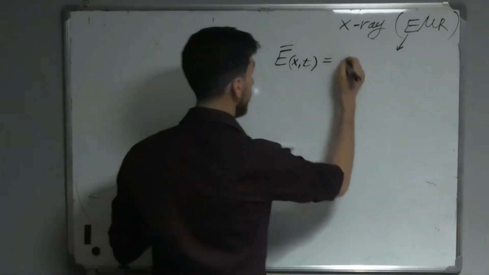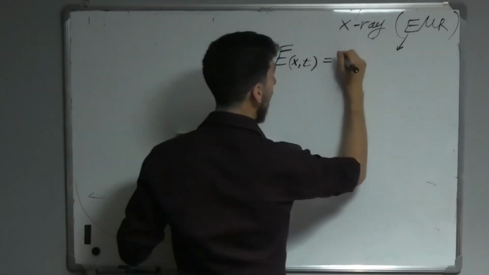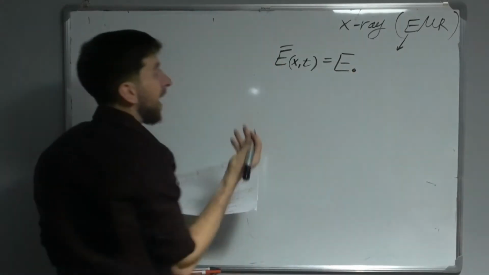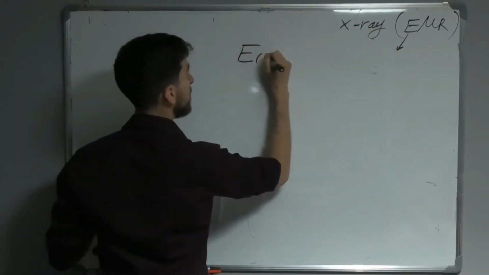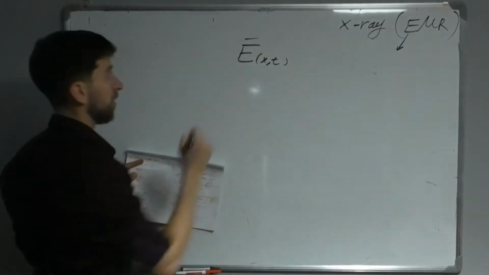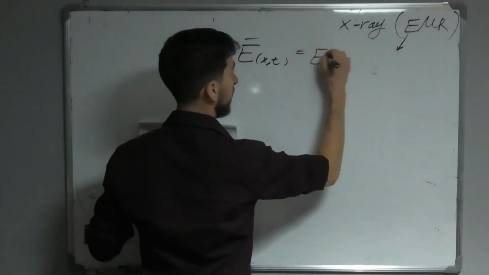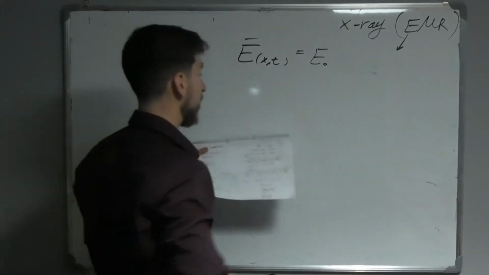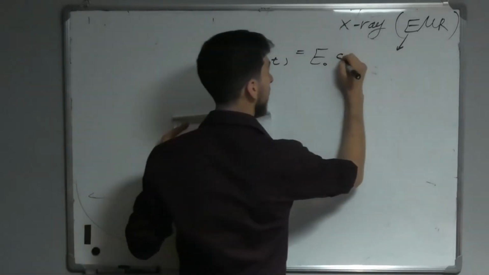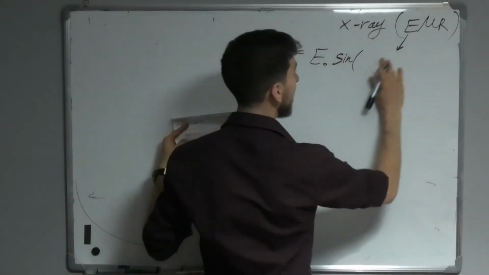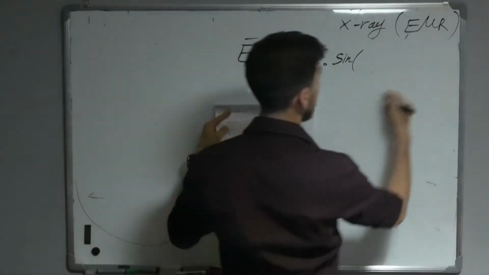We have an amplitude, so this is the magnitude of the electric field, and it's changing like a sine wave. So this is a sine. And inside the sine, there's a lot of interesting stuff.